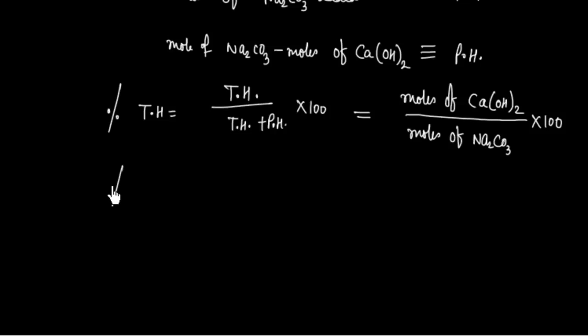Similarly, we can calculate percentage of permanent hardness, which equals permanent hardness divided by temporary hardness plus permanent hardness multiplied by 100.